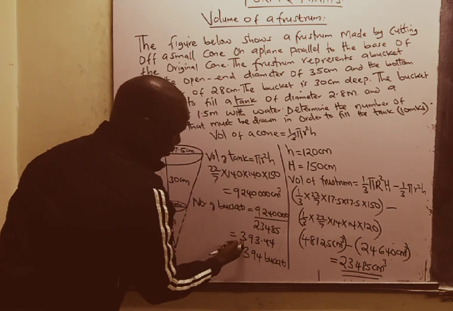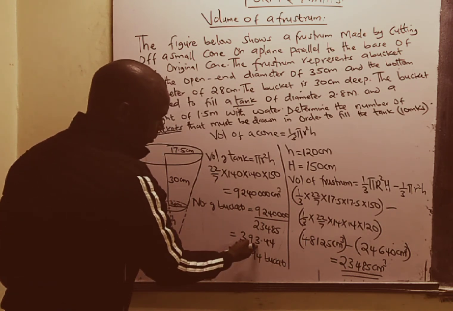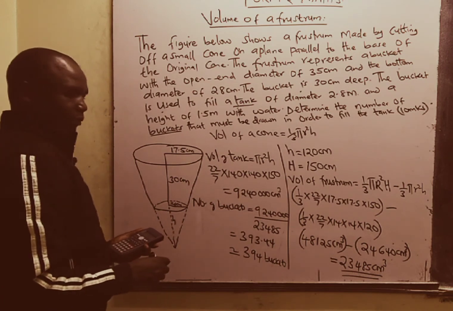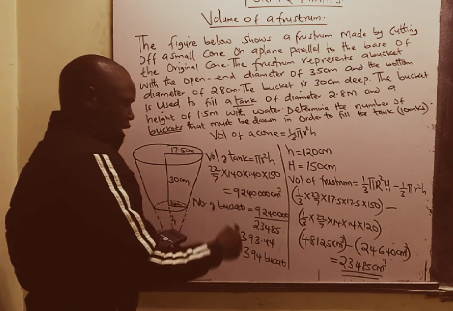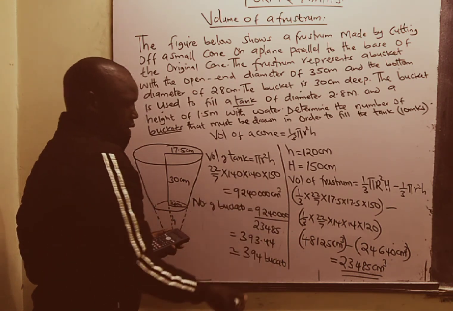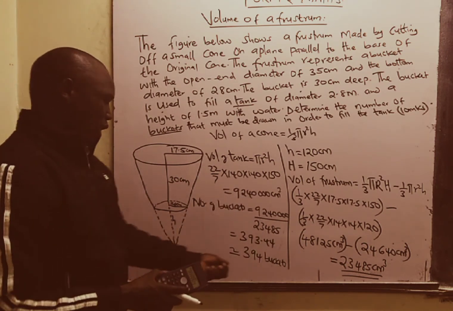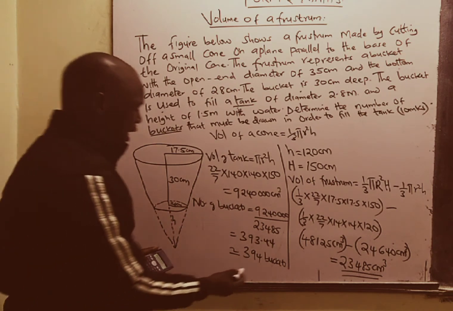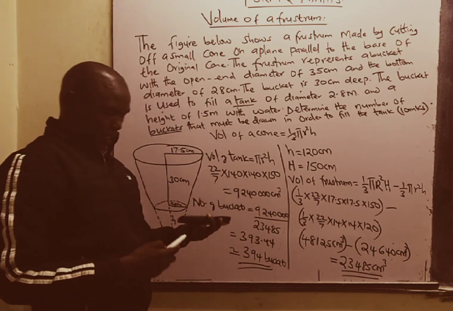Since we have 393 full buckets, but we still need some water in order to fill that last bucket, the number is rounded up so that we have exactly 394 buckets, and that is what the question requires us to do.